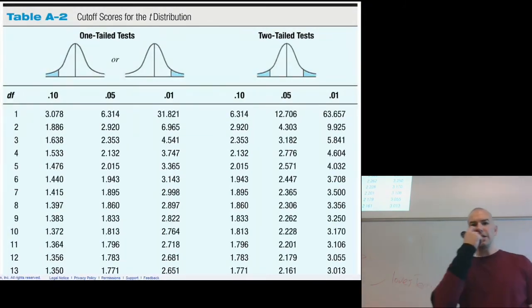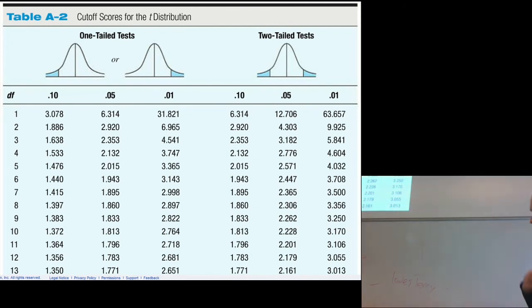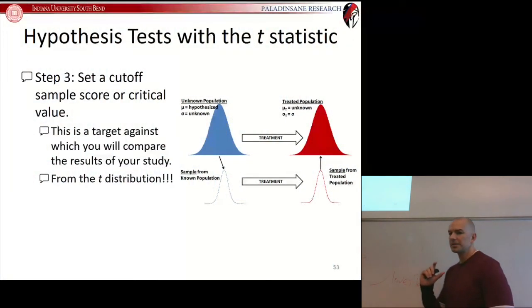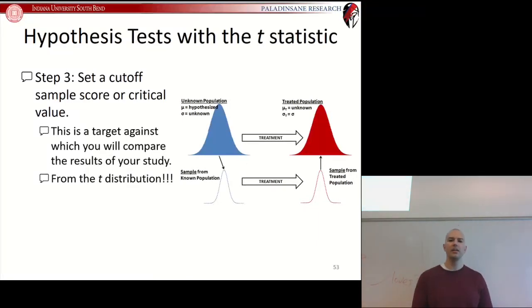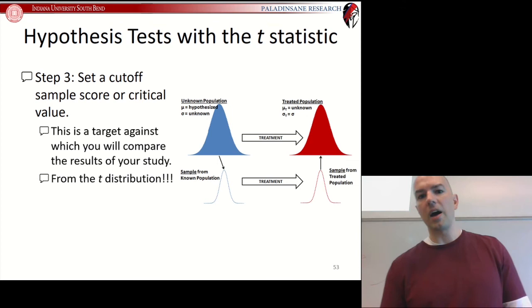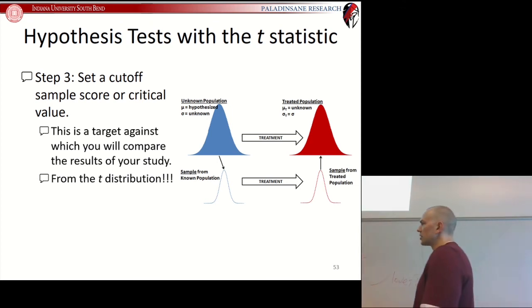So for the t-distribution, it's set up a little bit differently, but it's the same basic idea. So for our t-distribution, we have a sample size of 9. We have a two-tailed test with an alpha of 0.05. So all of that information is what you got to remember and what you got to bring to your table.